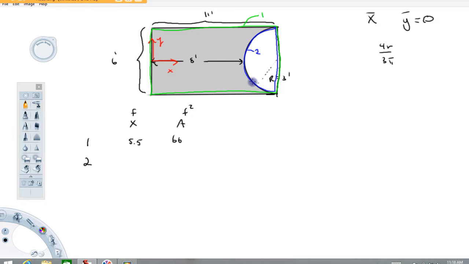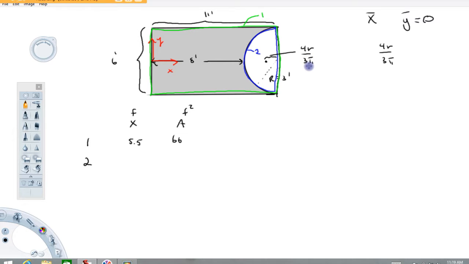Now we're going to talk about the semicircle. First we have to find the x bar for the semicircle. The center of area for a semicircle, which I looked up because I didn't feel like deriving it for the video: if I start here and move this way, this distance is given by the expression 4r over 3 pi.